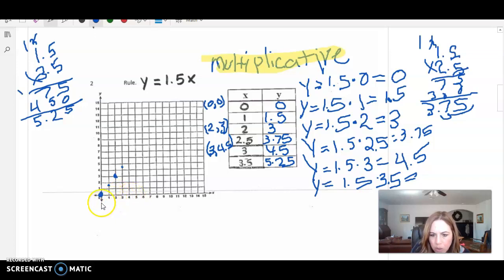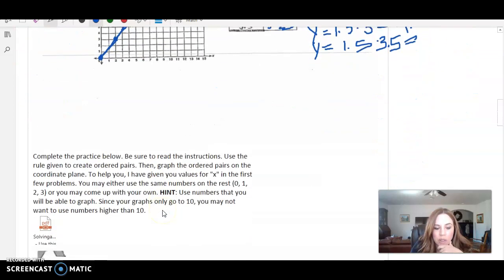And then let's do 3.5 and 5.25. And 25 hundredths was just a little bit in between halfway and the 5. Right? And my line, if I had a ruler, I could probably make a pretty line, but we know that it is multiplicative because it's going through the origin.